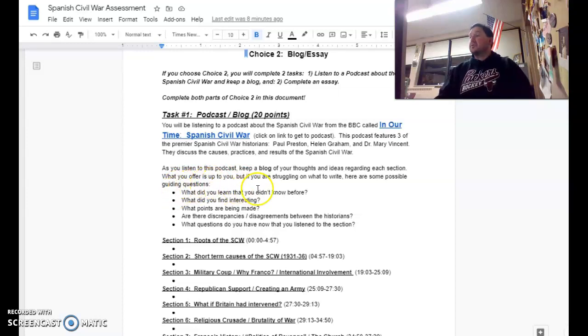What you offer is up to you, but if you're struggling on what to write, here are some possible guiding questions. What did you learn that you didn't know before? What did you find interesting about that section? What points are being made? Are there any discrepancies or disagreements between the historians? That's particularly significant if you're going to write further on something like this.